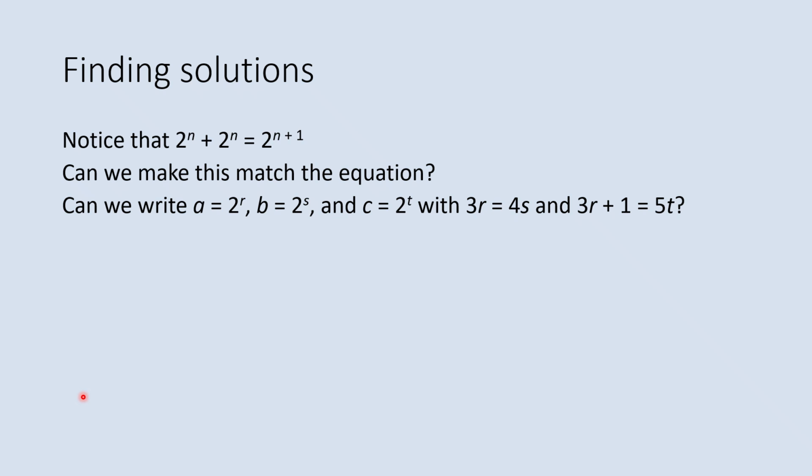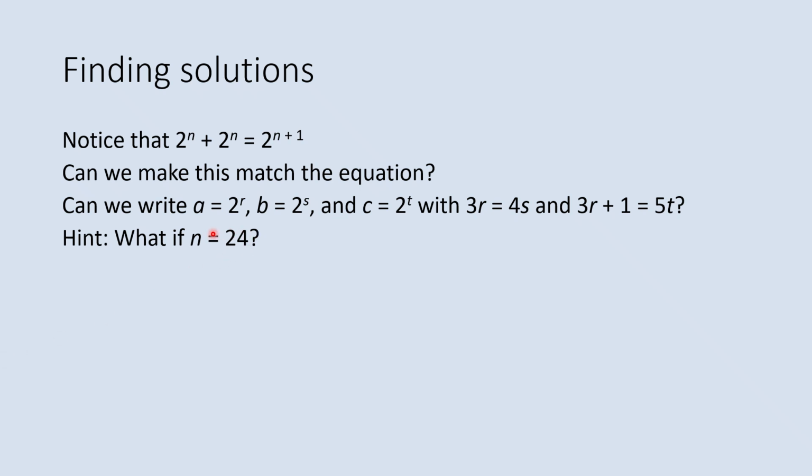that is allowing us to match the a to the third plus b to the fourth equals c to the fifth equation with the structure of 2 to the n plus 2 to the n equals 2 to the n+1. And so we're looking for a solution of r, s, and t that will work. As a hint, let's see what happens if n is 24.